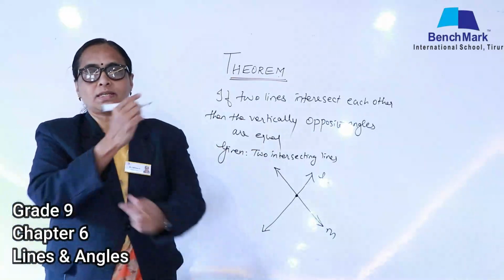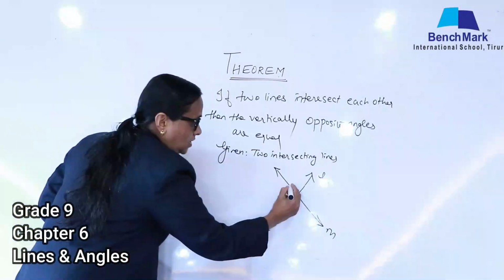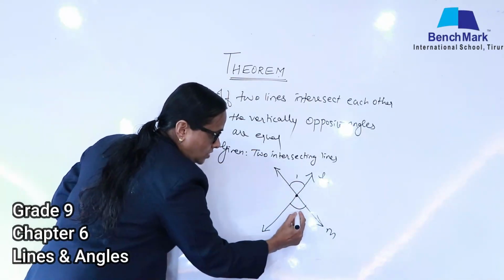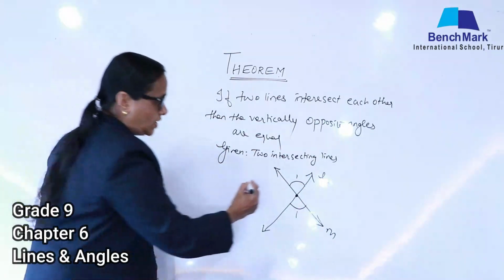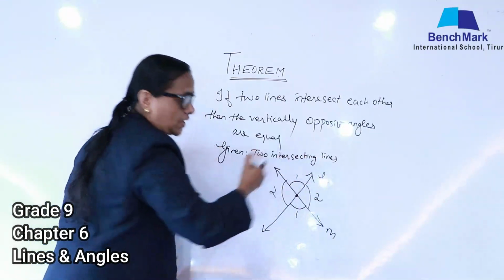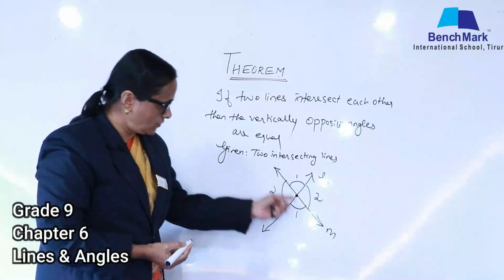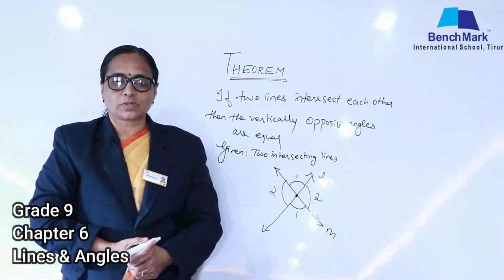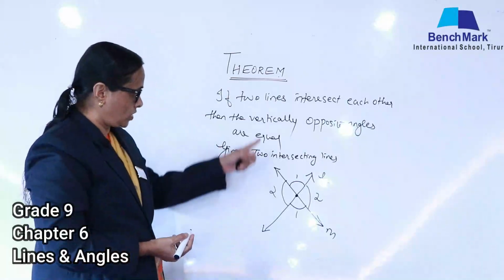If two lines intersect each other, the vertically opposite angles, if this is 1, this should also be 1. If this is 2, this should also be 2. This is what I have to prove. If two lines intersect each other, the vertically opposite angles are equal.